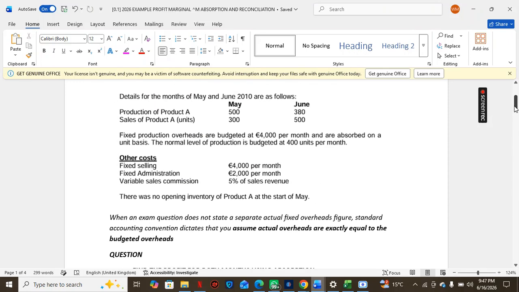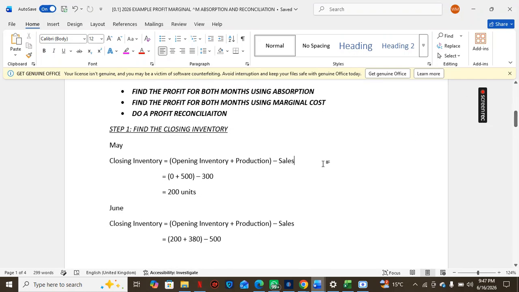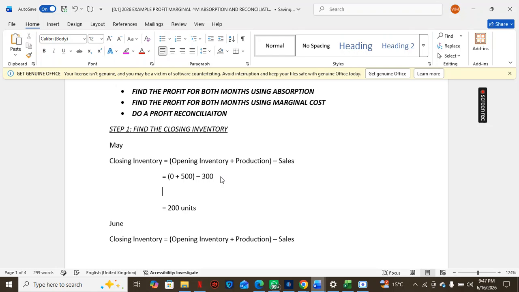Then in May, we are planning to produce 500 units and sell 300 units. So you do 0 plus 500 minus 300, which is 200 units. That is the closing inventory for May.